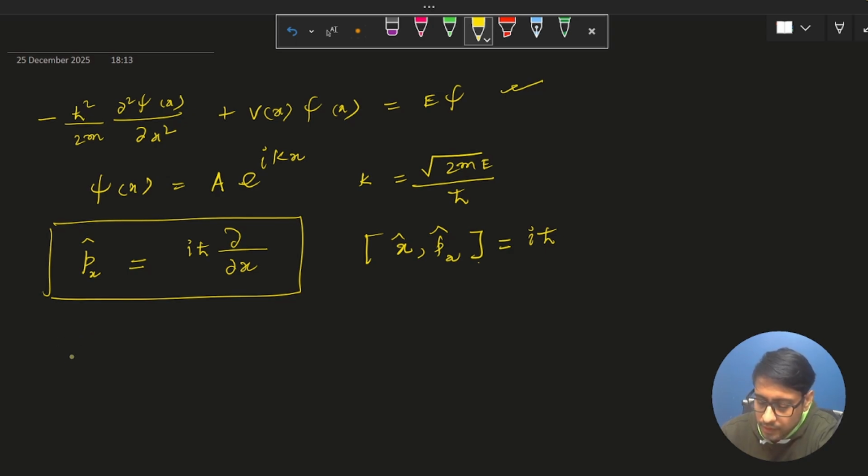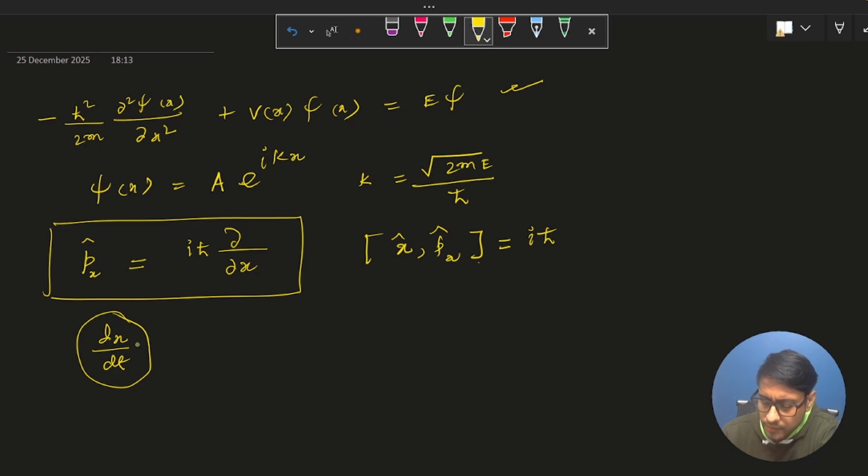We also discussed an important concept in quantum mechanics, that there is no fixed trajectory of the particle, so we cannot find the actual velocity of the particle. We basically find the probability of finding the particle in a given region. So we do not find terms like dx over dt in quantum mechanics.